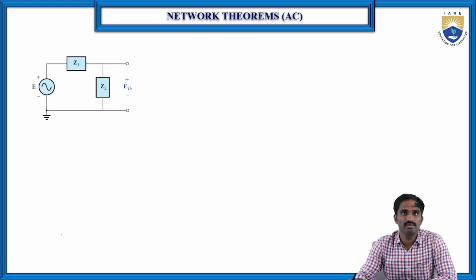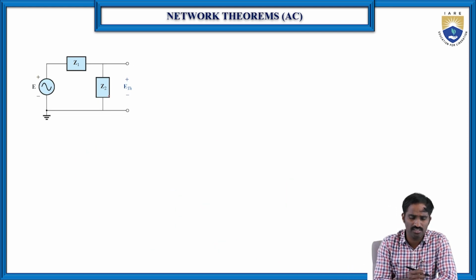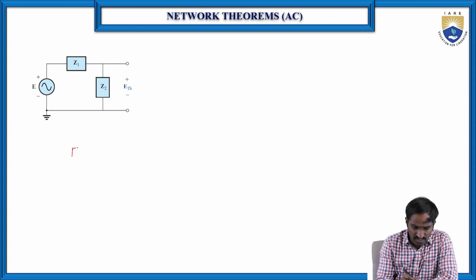So how to find the E Thevenin? E Thevenin is nothing but the voltage across the impedance Z2. Simply, we can apply the voltage division rule now, because we know E and we know the Z1 and Z2 values, so we can find the voltage across Z2. E Thevenin is equal to E into Z2 by Z1 plus Z2.